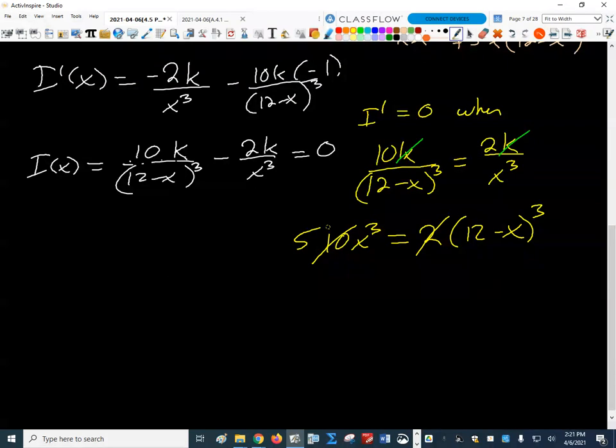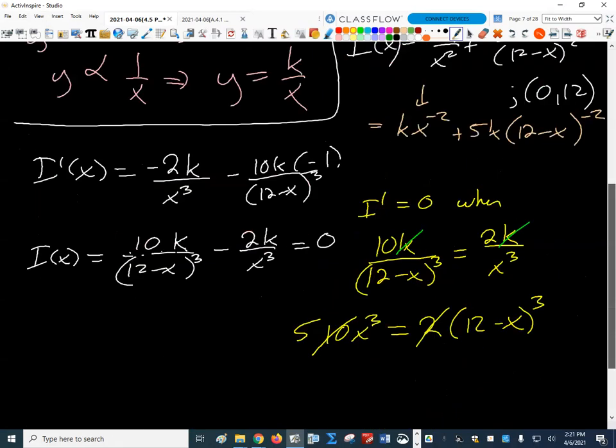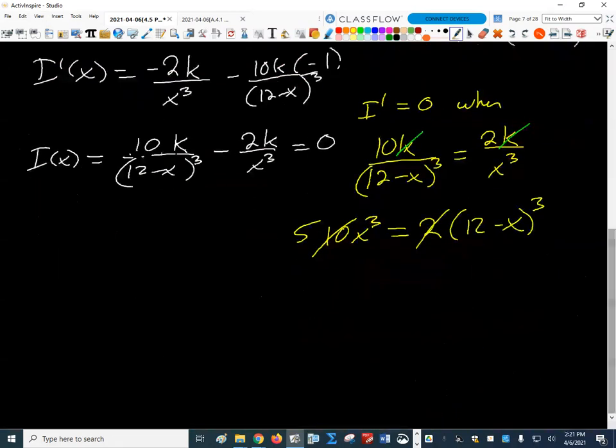And now, how am I going to solve this equation? This is kind of a nasty one, right? I'd have to expand this out. And so if I expand this out, I'm going to get 5x cubed equals 12 minus x quantity cubed is going to be, oh boy, what's that going to be?